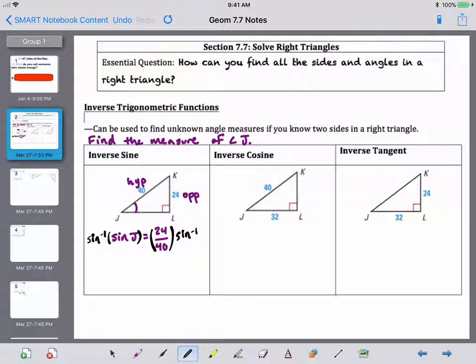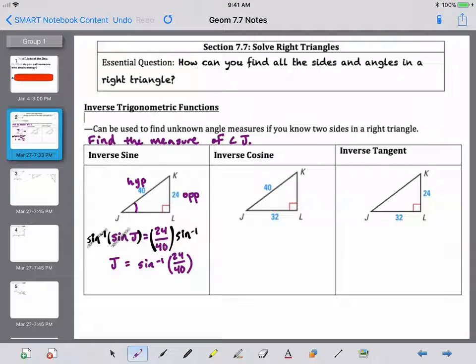What happens here is that the sine inverse and the sine cancel out and you're left with just angle J equals the sine inverse of 24/40. Your calculator does have inverse sine functions on it.